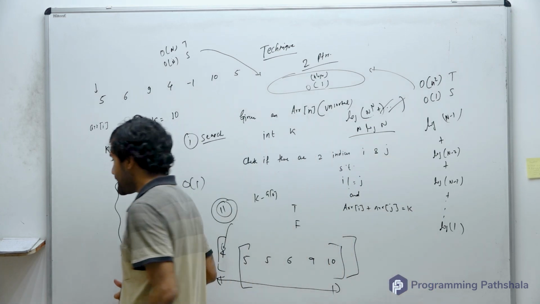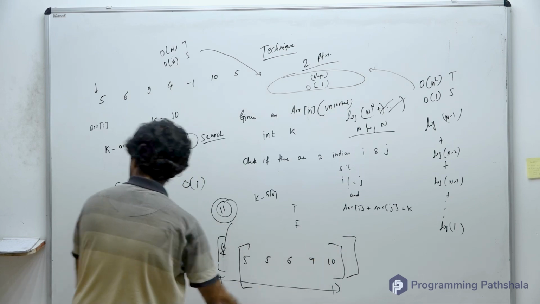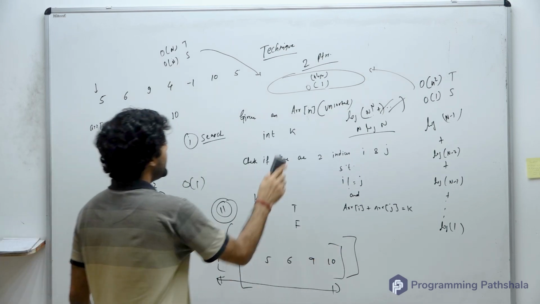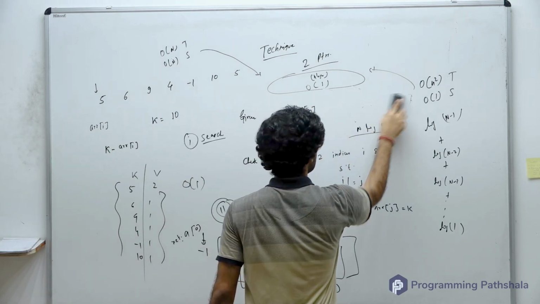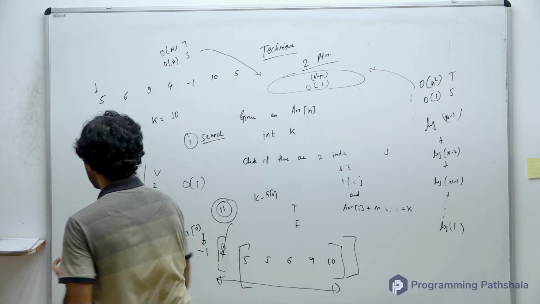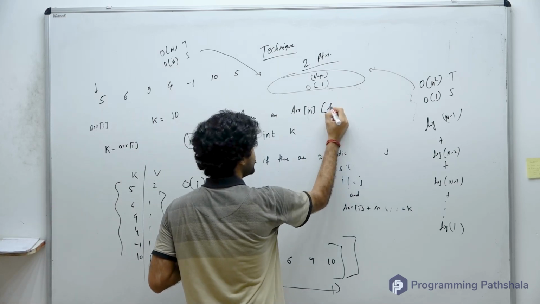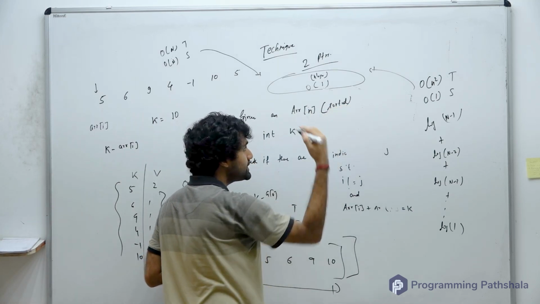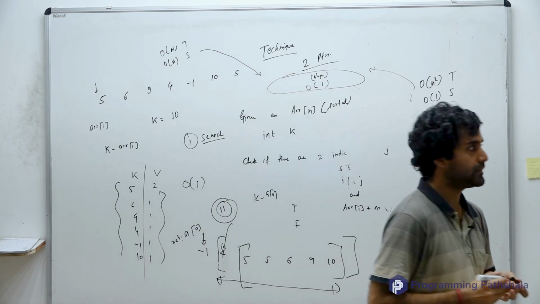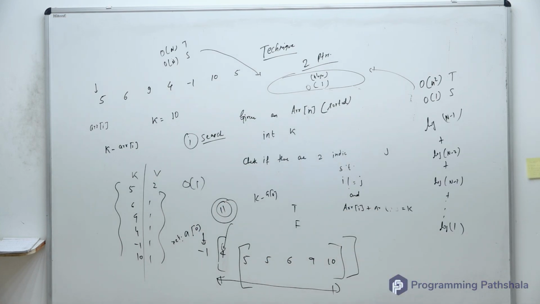Now, I would want you to stop here and see one thing very clearly. If I tell you that this input array is already sorted, how much time can you take to solve this problem?